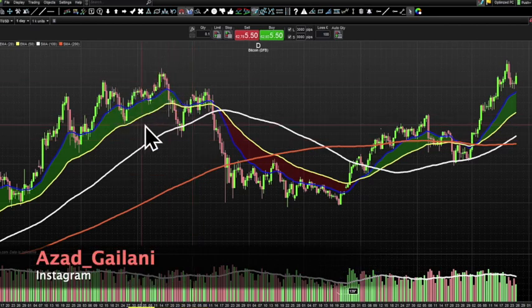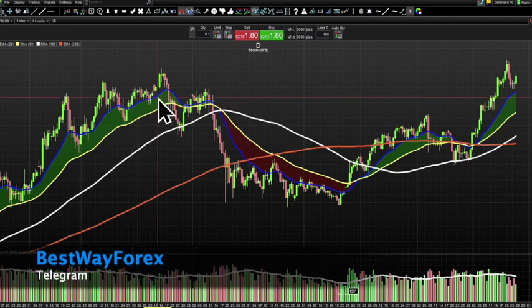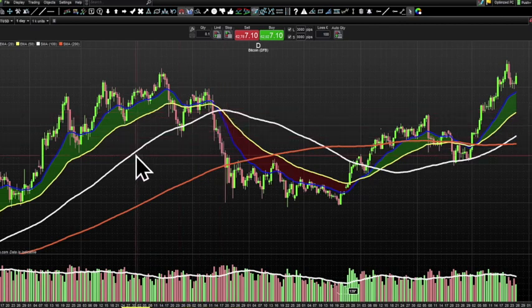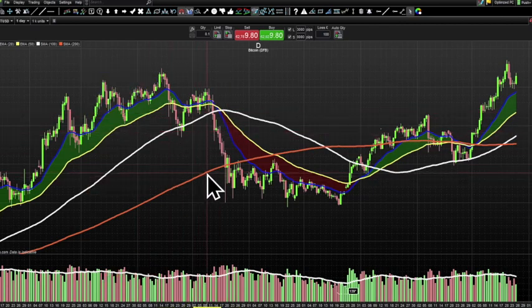If you look here, for example, this blue one is the 20 EMA, this green one is the 50 EMA, this white one is the 100 SMA, and that is the 200 SMA.